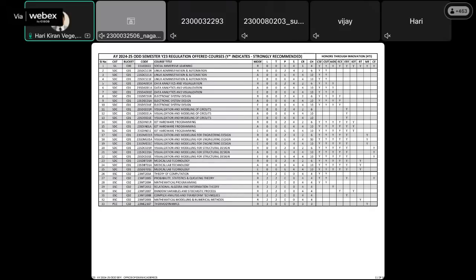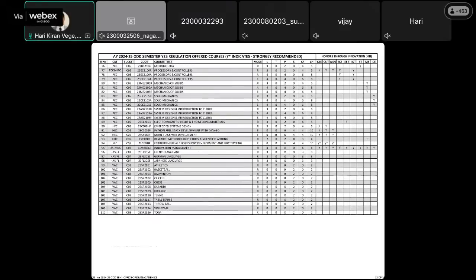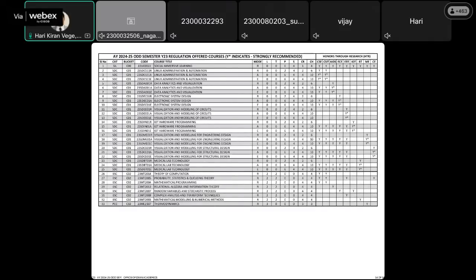Now, let's also quickly look at the honors through research students. Page number 14. So here for honors through research students, if I'm a CSE student, then in the C1 bucket, I have got many options, but out of those, I have two Y stars.